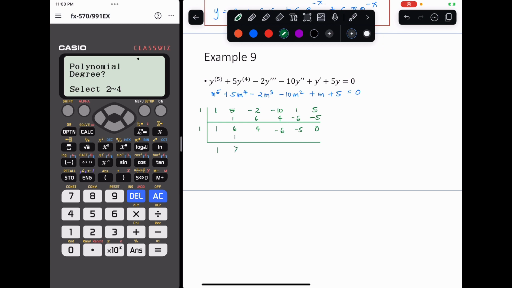So this is 7. 7 times 1 is 7. This is 11. 11 times 1 is 11. This is positive 5, and then positive 5. That makes it 0. Next.